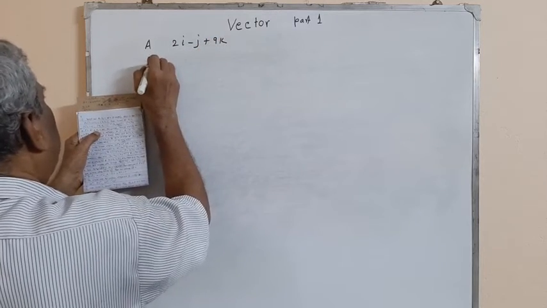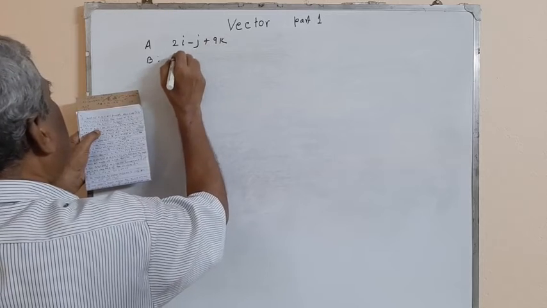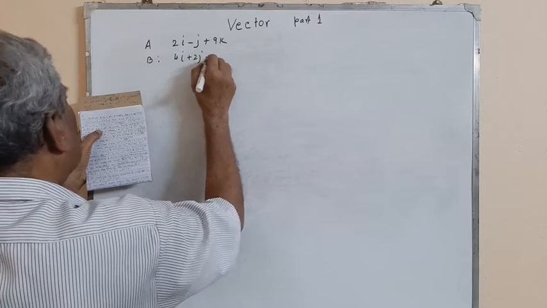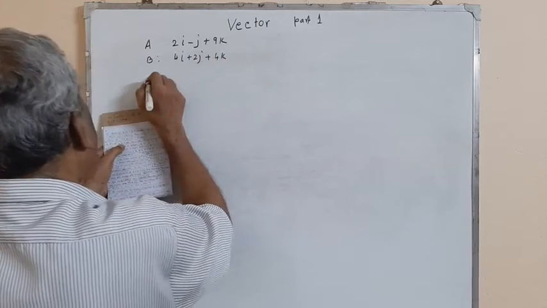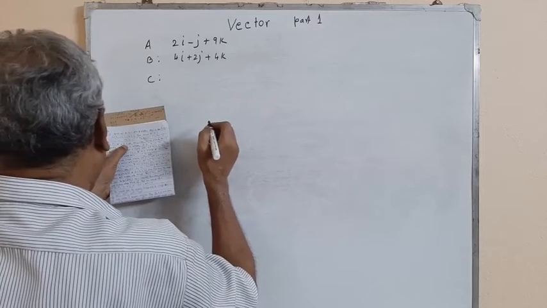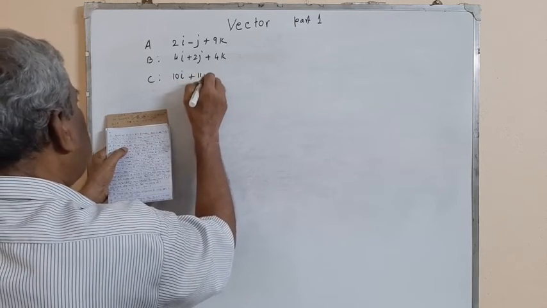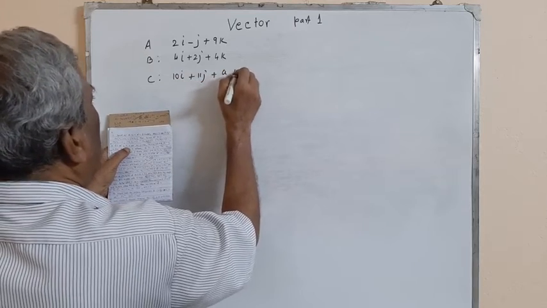That of B is equal to 4i plus 2j plus 4k. And that of C, 10i plus 11j plus ak. a is an unknown constant.